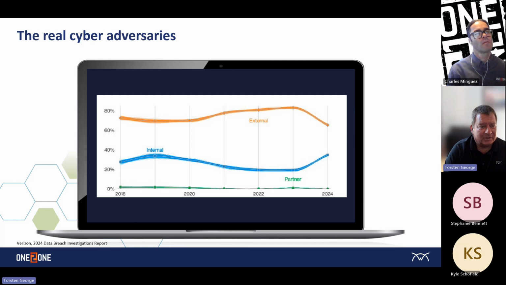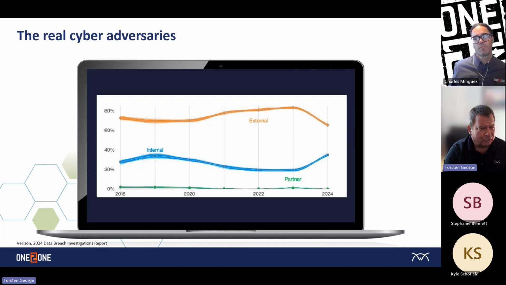They're primarily criminals trying to get money out of their actions. 35% of attacks originate from internal threats. These can be humans that make mistakes or malicious insiders. And you can see there's an uptick: there has been a 15% increase over last year.